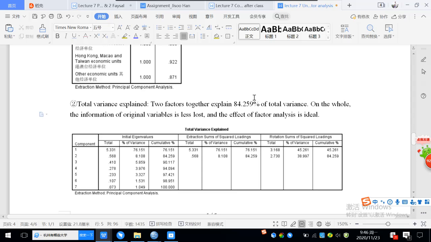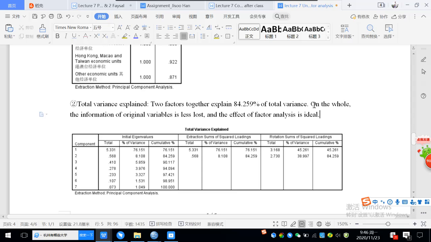So, number 2. Okay, so question 2. We solved. How many factors can be extracted? We can answer 2. 2 factors can be extracted, and these 2 factors together can explain 84.259% of total variance.